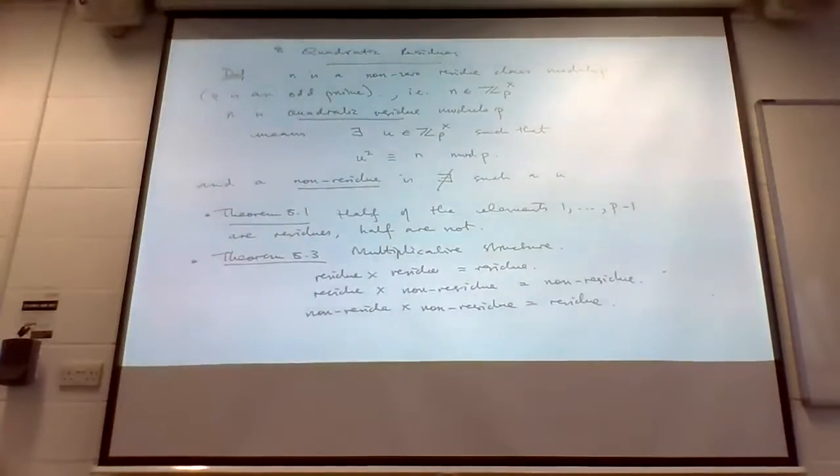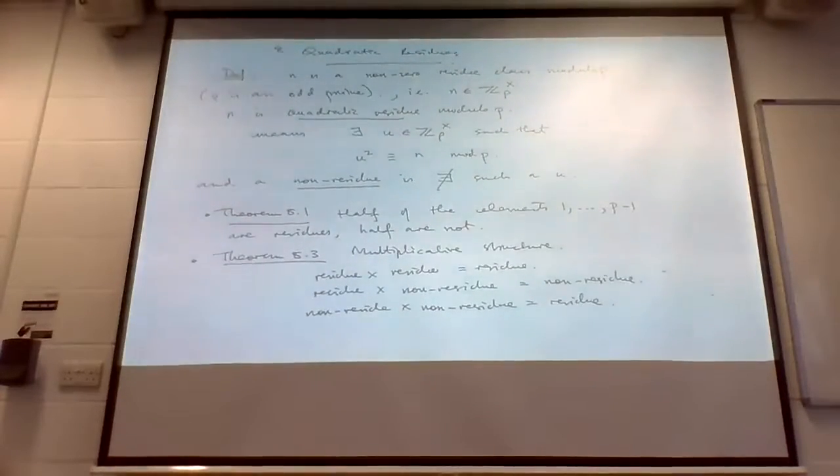Hovering over all this is the typical question: given a large prime P and a congruence class n mod P, how are we going to determine whether n is a quadratic residue modulo P or not?